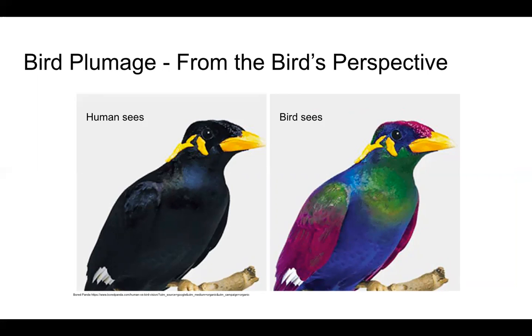Birds can see ultraviolet light, which is essential because without the cone for ultraviolet light, you can only see the blackbird on the left. But being able to see ultraviolet light means that you can see all these bright, vibrant hues present on the bird. So when we're thinking about natural and sexual selection, we also have to think about what birds are seeing because birds are selecting based off of what they can see, not necessarily what we can as humans.